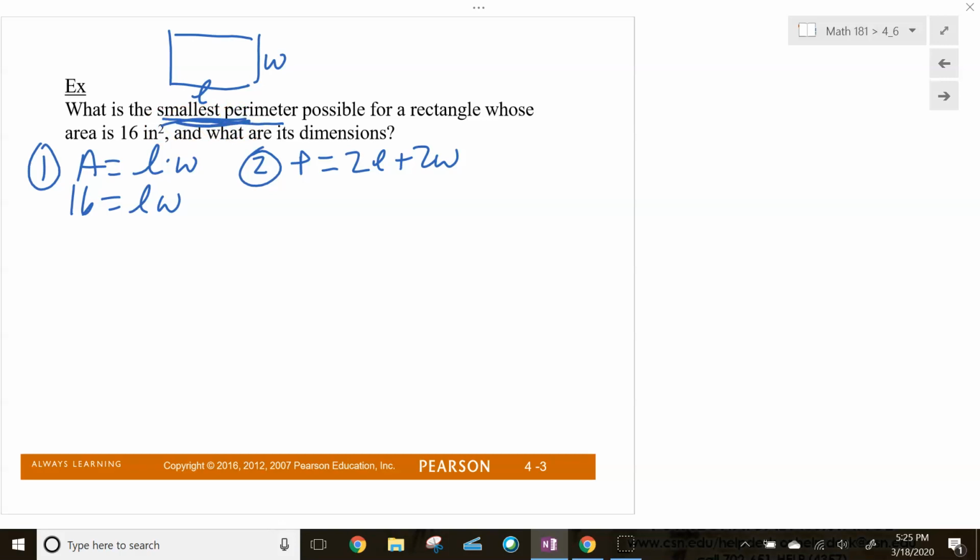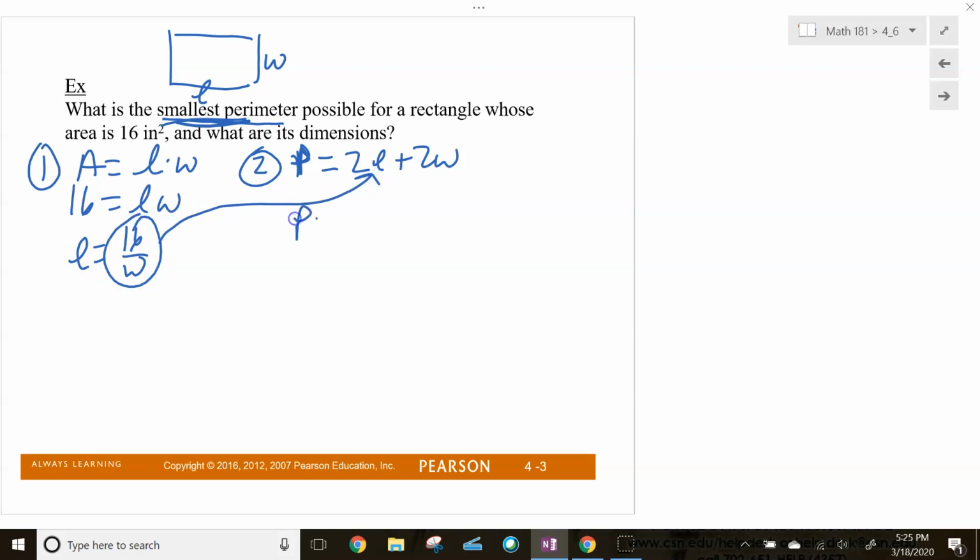Well, to minimize something, to find a minimum, we know we can take the derivative. So I'm going to use this perimeter equation. But the problem with it is right now it's in terms of both length and width: P equals 2L plus 2W. So I'm going to solve for the length over here and substitute that in over here.